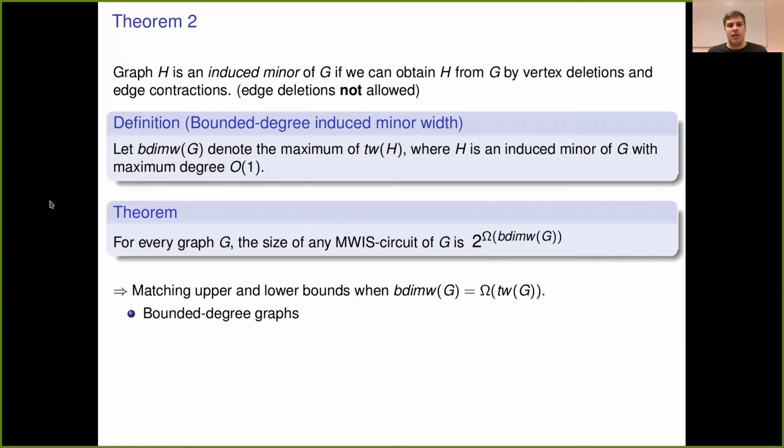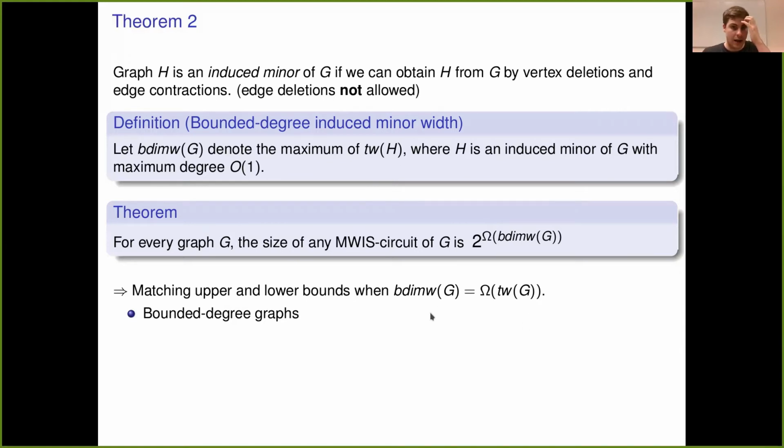The motivation for introducing this graph parameter is that these things become interesting because there are graph classes where this parameter is linearly equivalent to tree width.